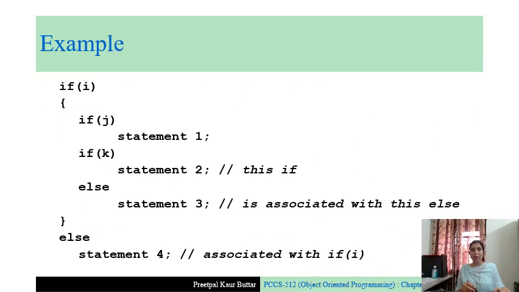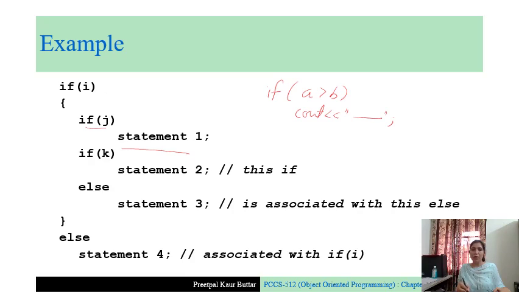So here we also have another example. If, and inside if we have if, else. So this if is an if without an else. In the very beginning I said that we can check a condition and take some action if the condition is true, but if the condition is false, then you might not always want to take an action.